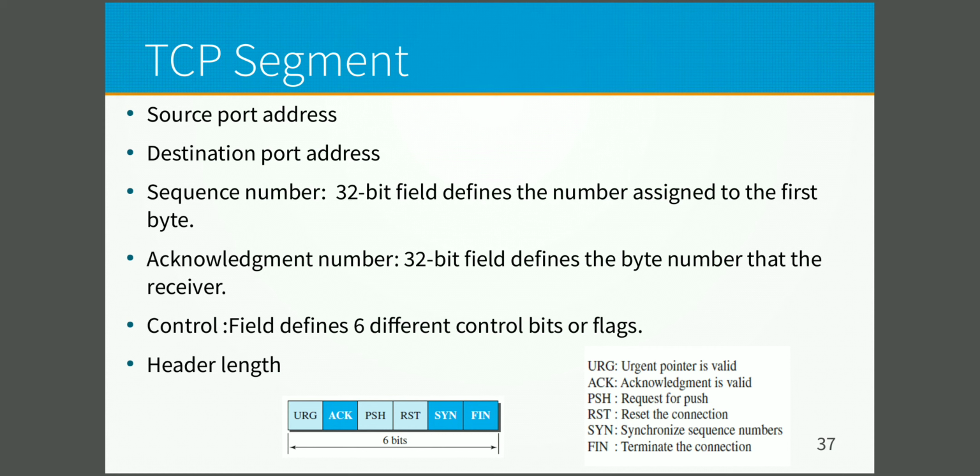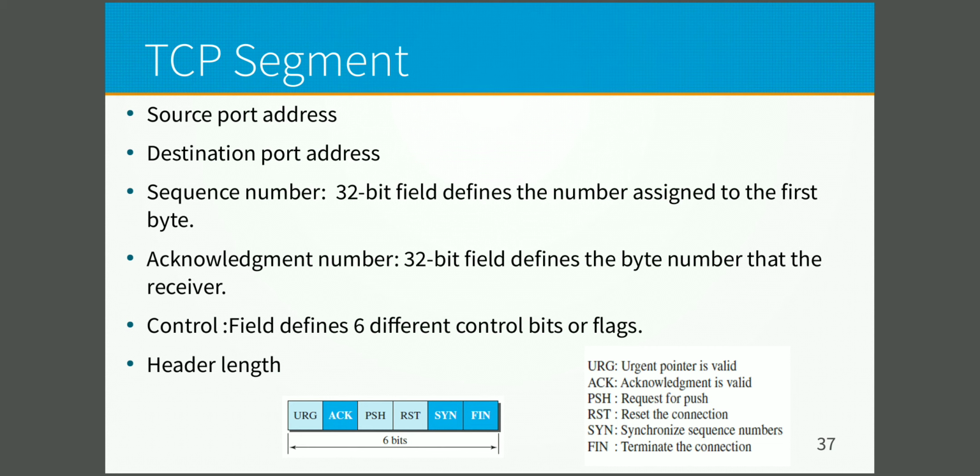At the bottom you can see these 6 fields. The first bit indicates whether the urgent pointer is valid. The second one indicates whether this segment is carrying an acknowledgement.